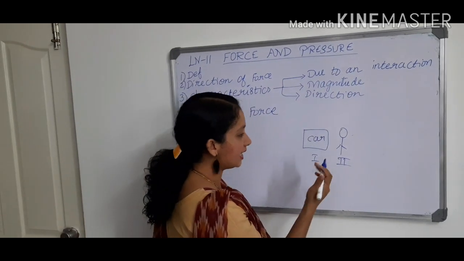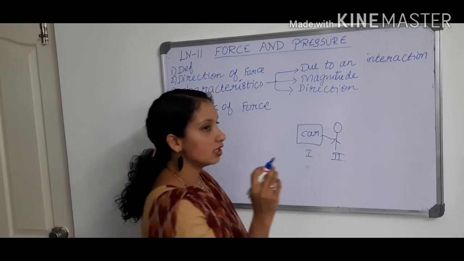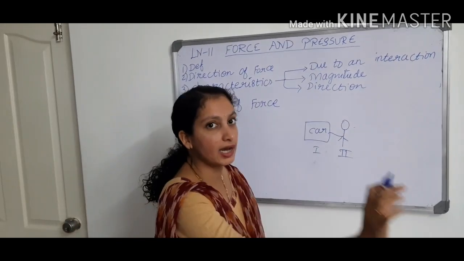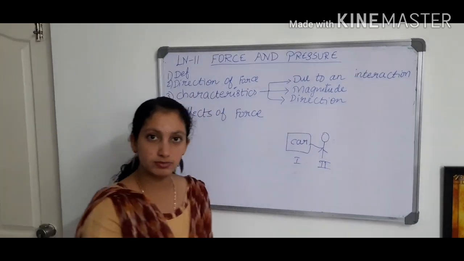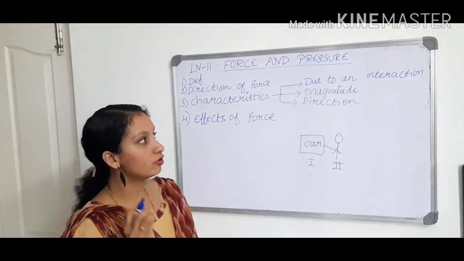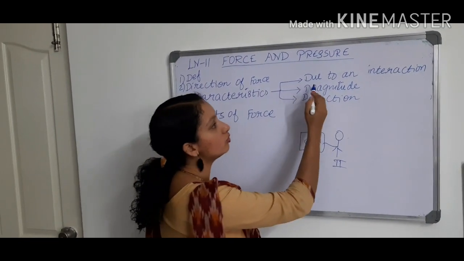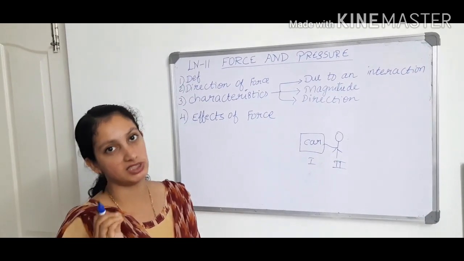In the second case, if the person touches the car with his hand for pushing, the second object has some interaction with the first object. In that case, the force is applied. So force happens due to an interaction of an object on another object.